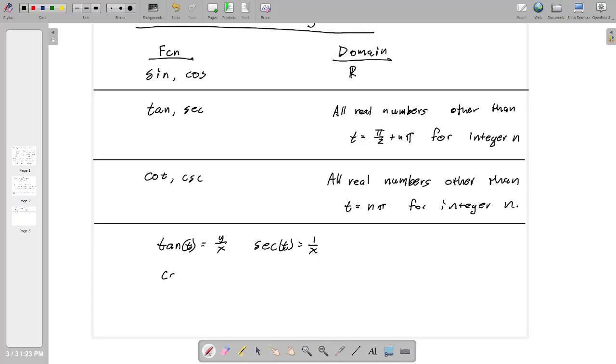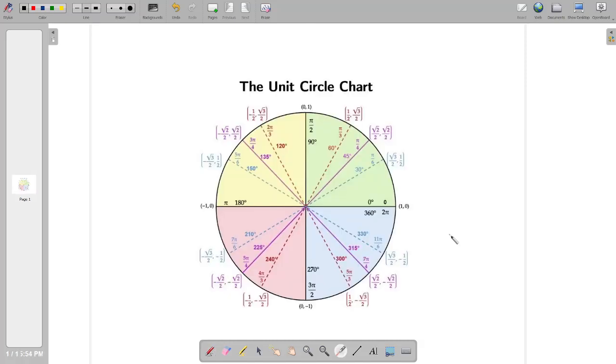Similarly, cotangent is equal to x over y, and cosecant is equal to 1 divided by y. Because cotangent is x divided by y, and cosecant is 1 divided by y, now we're looking for where y is equal to 0, so that we can eliminate those t values from the domain of cotangent and cosecant. So we're going to look on our unit circle at all the terminal points and determine where our y value is equal to 0.